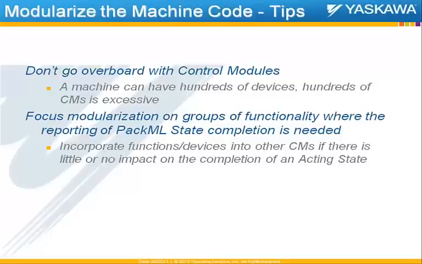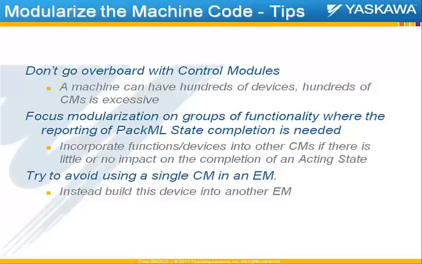If there's little or no impact, roll those into other ones. And try also to avoid using a single control module in an equipment module. That's a little bit of a waste. Instead, consider building that control module into another piece of equipment.